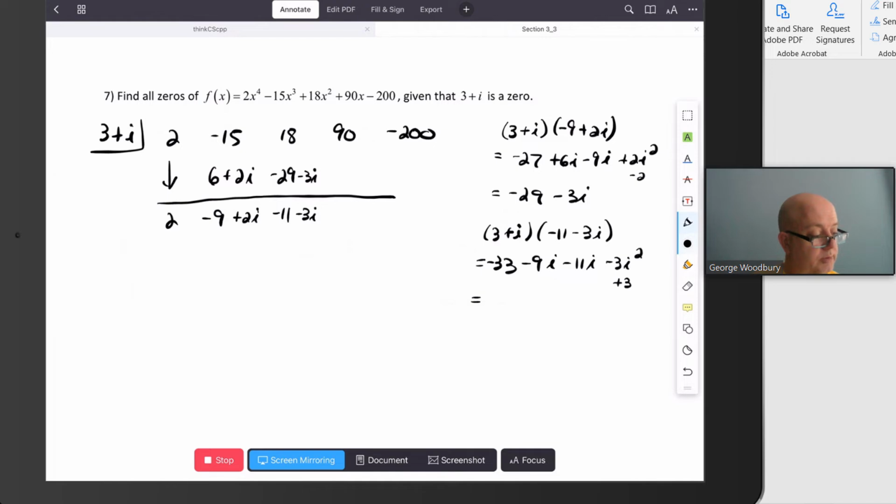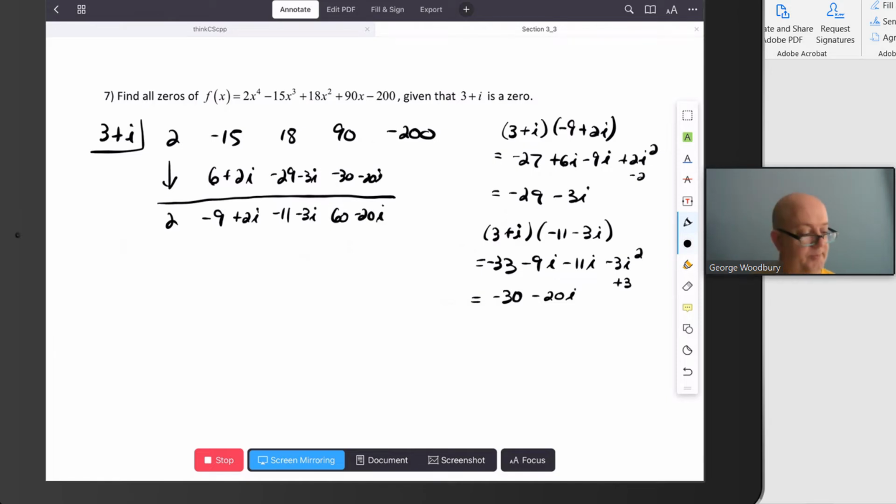So negative 33 plus 3 is negative 30. Negative 9i and negative 11i combine to be negative 20i. Write that down, negative 30 minus 20i. Total the column: 90 and negative 30 combine to be 60 minus 20i.